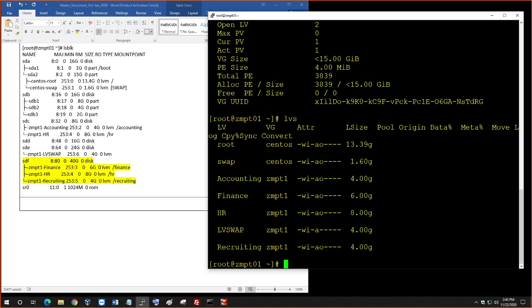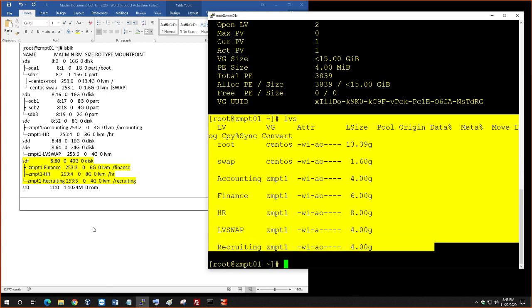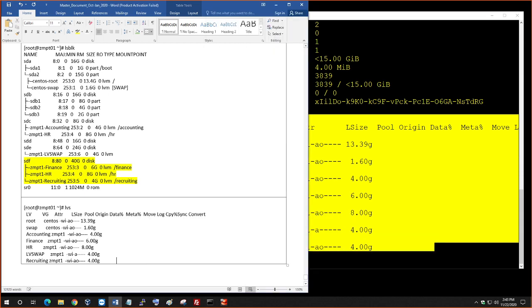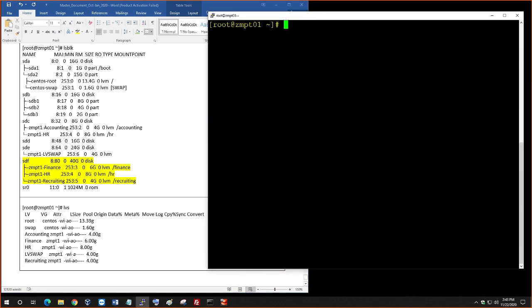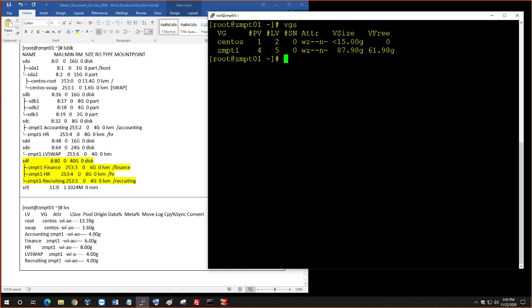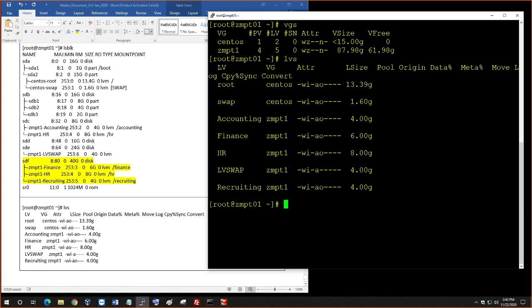Okay, so LVS is the command you should use. Now what I'm going to do is take VGS, right? Let's see, LVS, and then PVS.